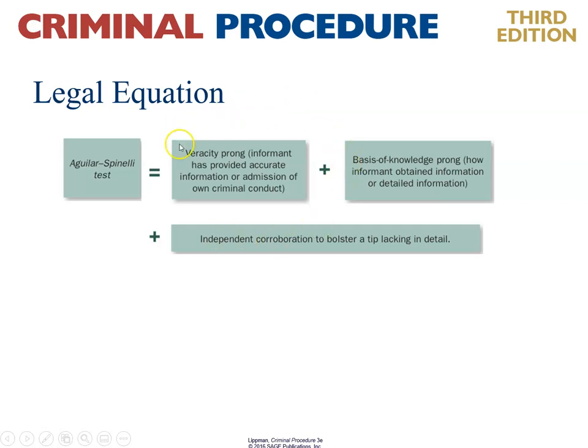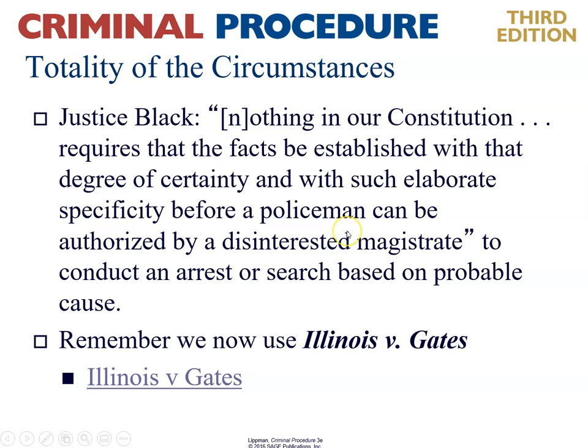It's equal to the veracity prong: the informant has provided accurate information or admission of own criminal conduct. And here the basis of knowledge prong, meaning how the informant got the information. And then added in was independent corroboration to bolster the tip. So you could see that all of this had to be done, which was really tough.